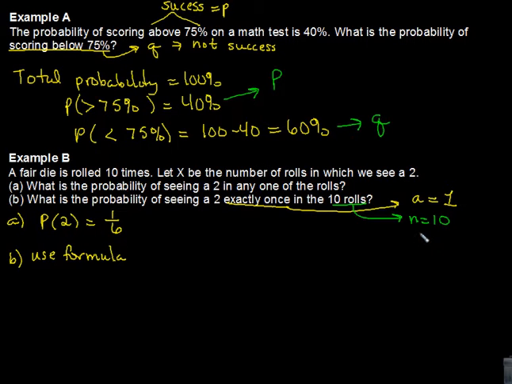That's the answer for A. So P is 1/6. Q then is going to be 1 minus 1/6. So that's going to be 5/6. To make these easier to work with, I'm going to convert them to decimals. So 5 divided by 6 is 0.83 repeating.